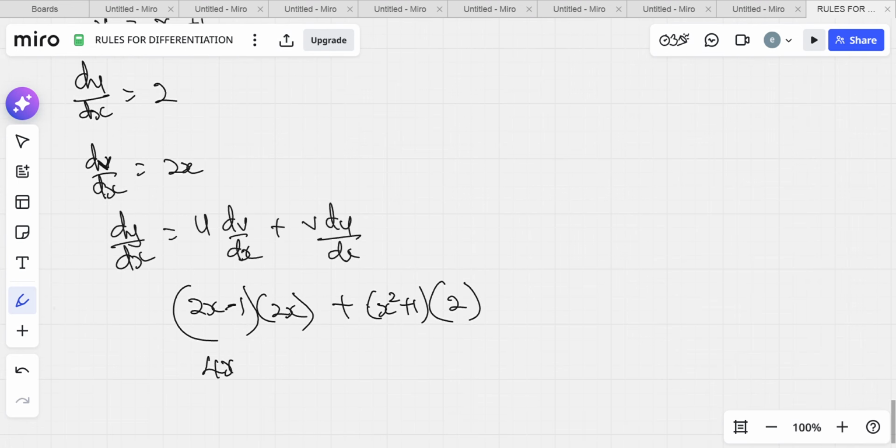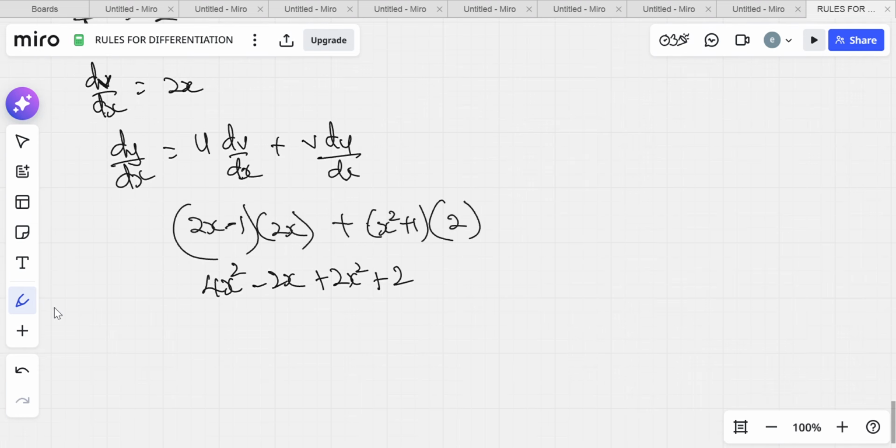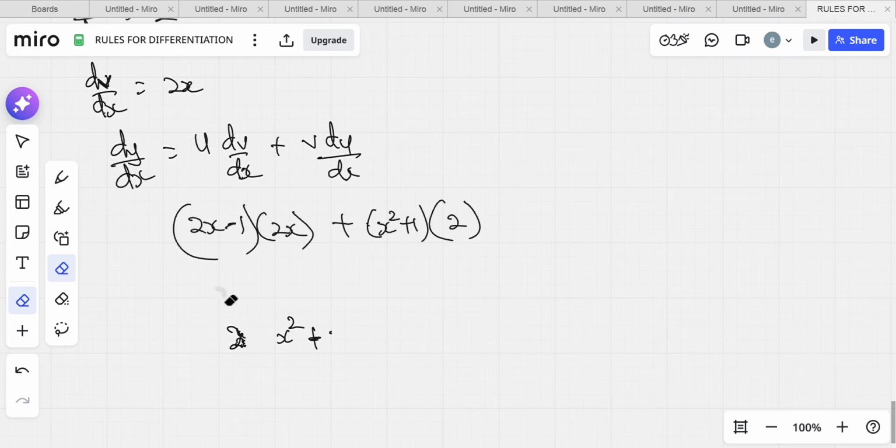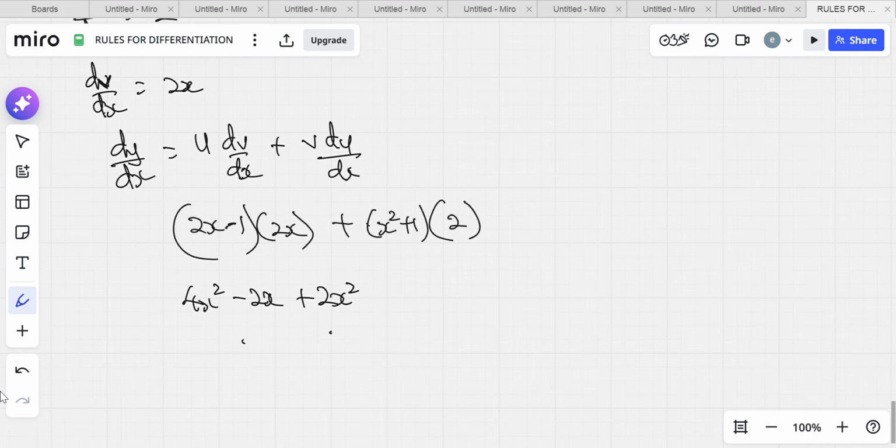So when you open the bracket, this into this will give us 4x squared, this into this will give us minus 2x, plus this into this will give us plus 2x squared, this into this will give us plus 2.